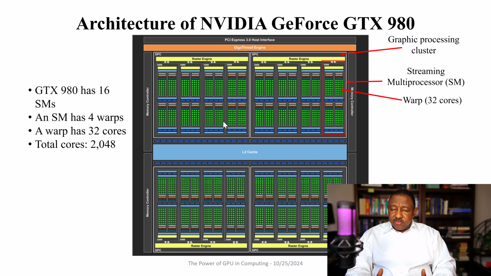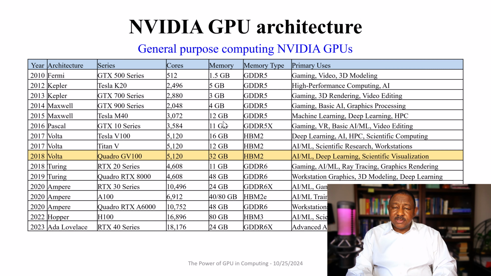This is just one series, GeForce GTX 980, and each one has a different architecture, but the idea is the same. They have graphics processing clusters and streaming multiprocessors, and they have the shared memory and a common memory that communicates with the CPU, but the architecture is the same as the one we discussed before.